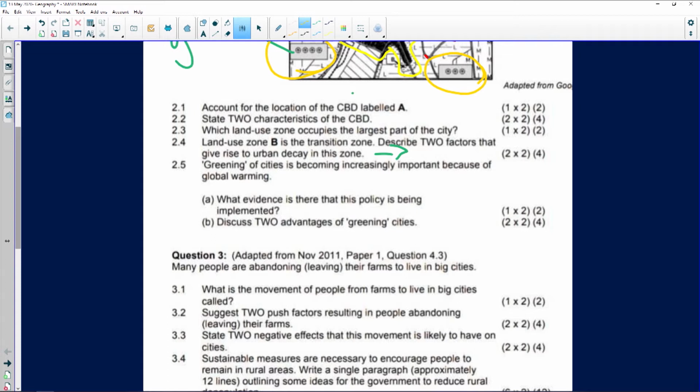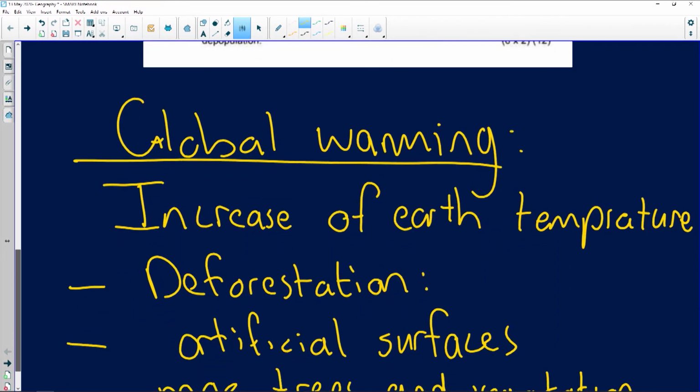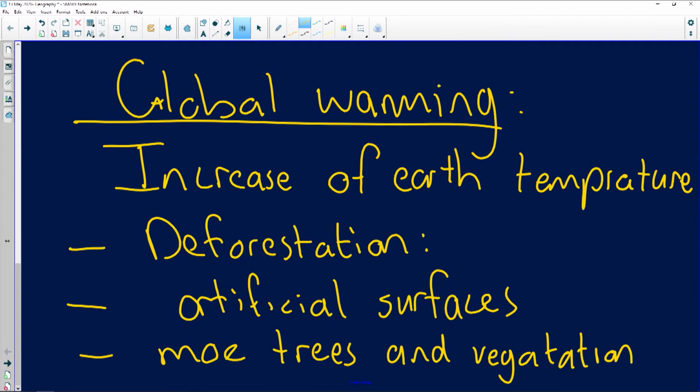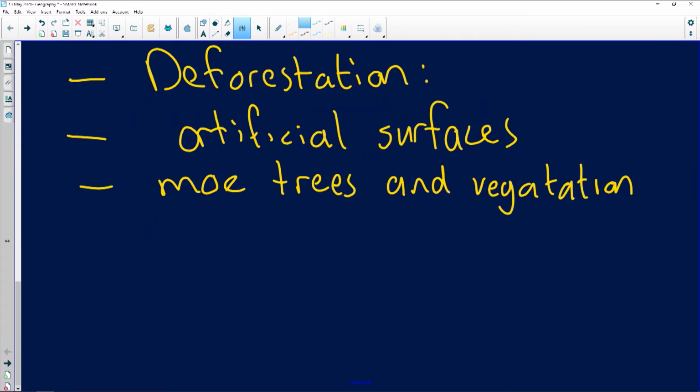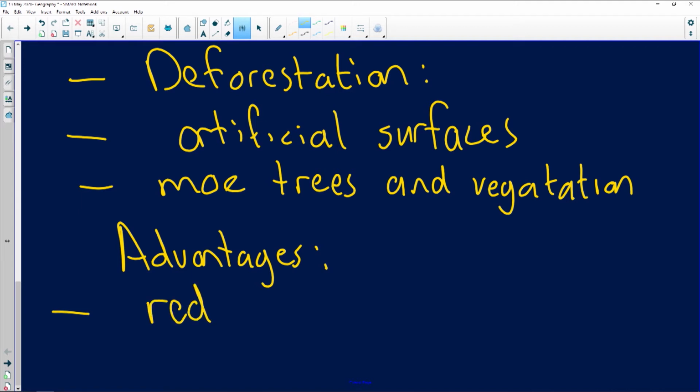Now, if we quickly have a look at question B, discuss 2 advantages of greening cities. I can think of a number of them, and I'm going to write them down at the bottom of this page. 2 advantages of greening our cities. First of all, it reduces pollution.